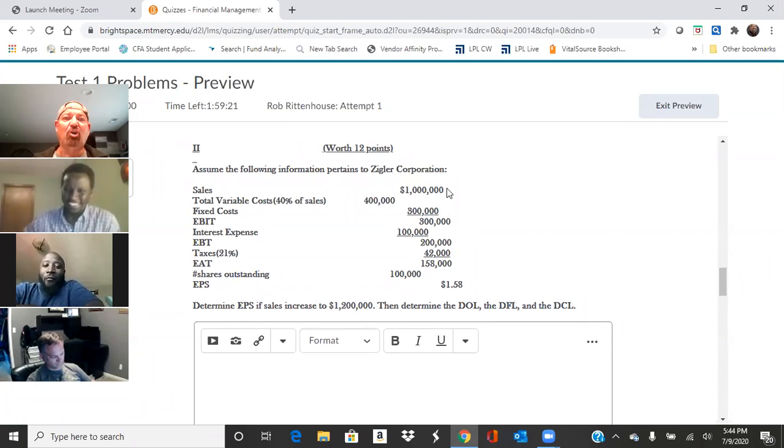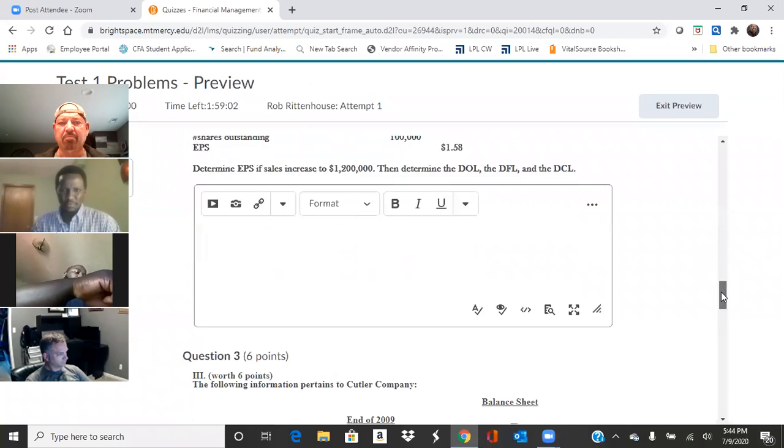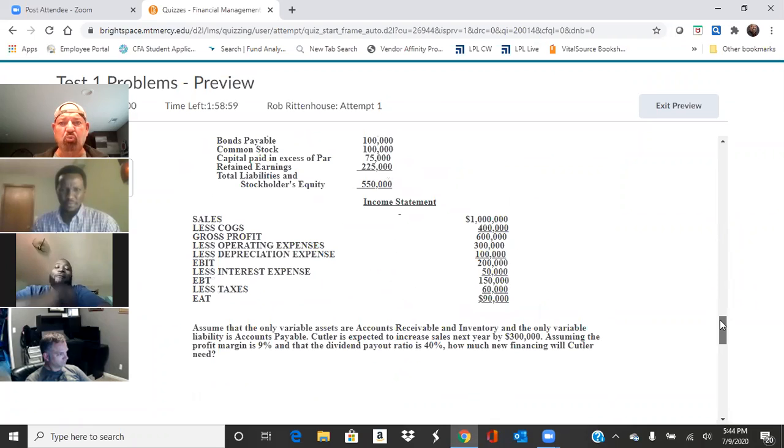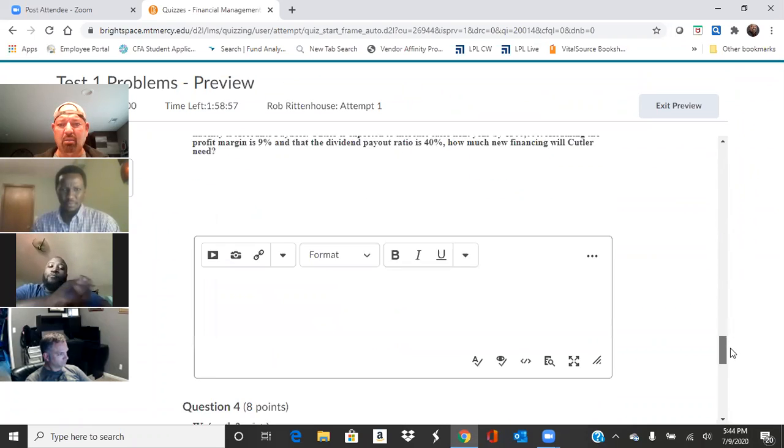Well, problem 2, okay, you can see the numbers don't all line up on problem 2, but even though they don't line up nice and pretty, that looks okay. I mean, you'll be able to figure it out. Yeah, it's 1 million minus 400,000 minus 300,000. Okay, this one lined up pretty well.